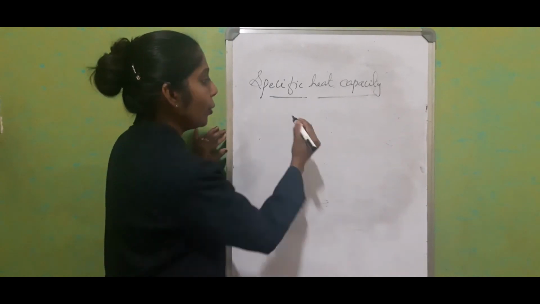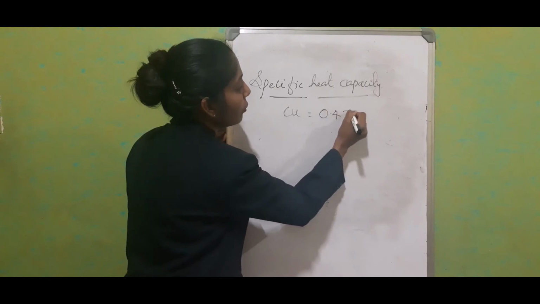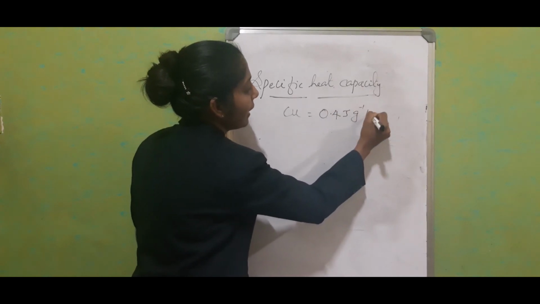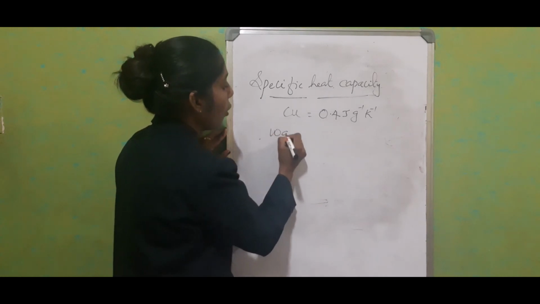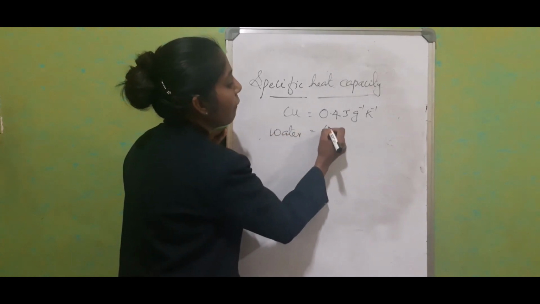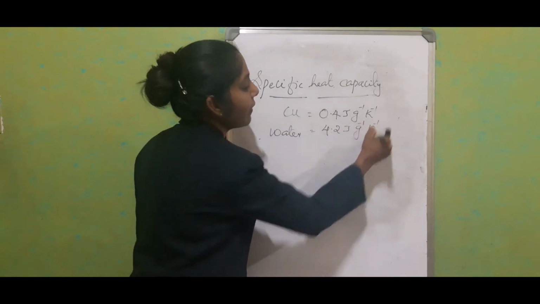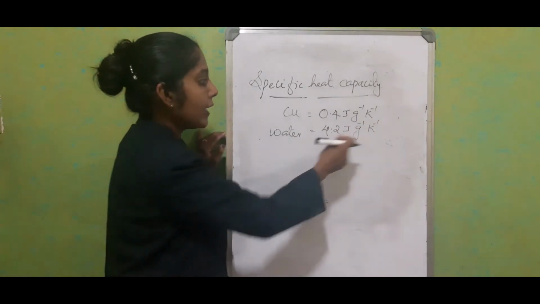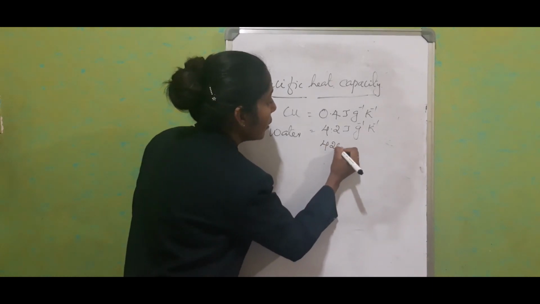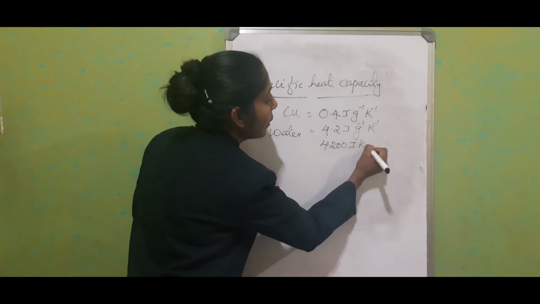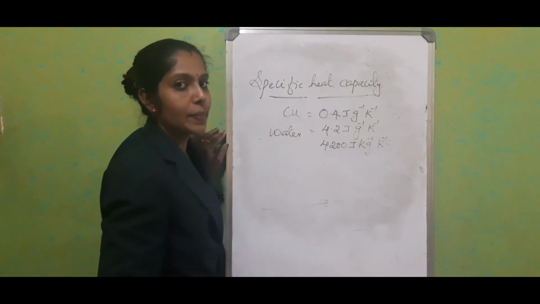For copper, it is 0.4 joule gram raised to -1 Kelvin raised to -1. In the case of water, it is 4.2 joule gram raised to -1 Kelvin raised to -1. Expressed in terms of kilogram, it will be 4200 joule kilogram raised to -1 and Kelvin raised to -1.